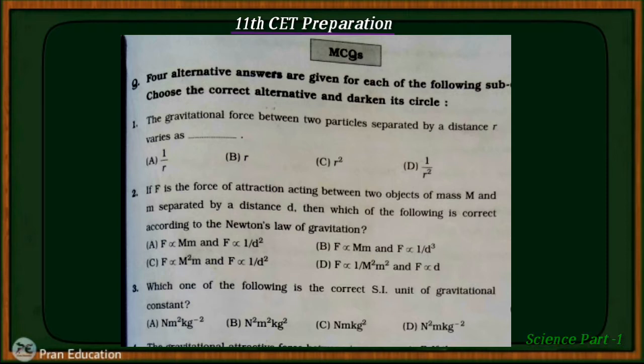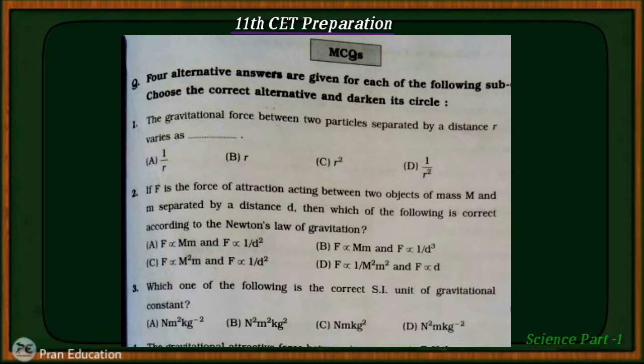C, F alpha m square m and F alpha 1 by d square. D, F alpha 1 by m square and F alpha d. The correct option is option A, F alpha mm and F alpha 1 by d square.